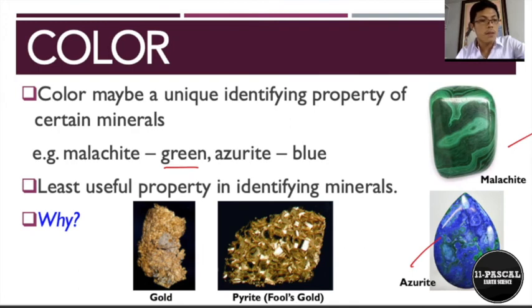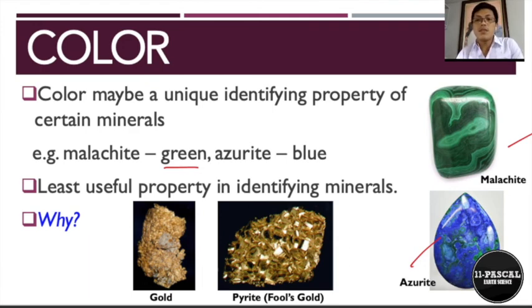It's because many minerals are found in several colors. This may be attributed to impurities added to the minerals, and some may have extra chemicals in them that give them an unexpected color.